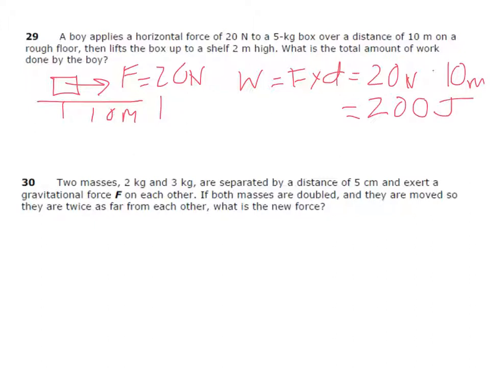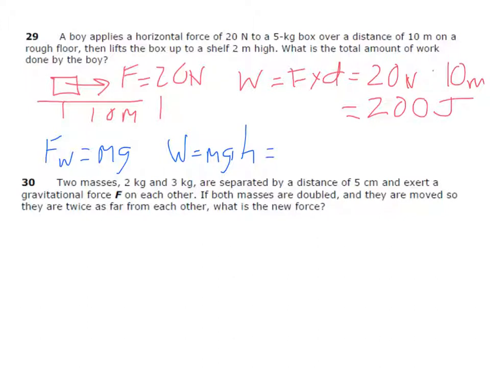The next part of the question says that the box is then lifted to a shelf 2 meters high. Work is still force times distance, but for work against gravity, the force is the force of weight, which is mg. So the work done against gravity is equal to mg times the height that the box was lifted.